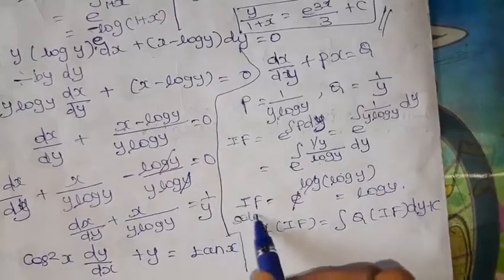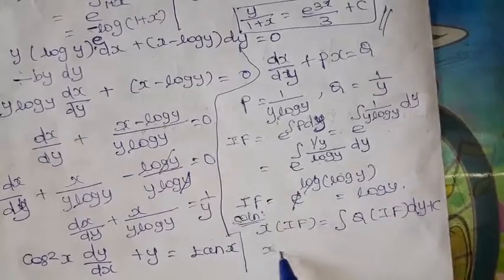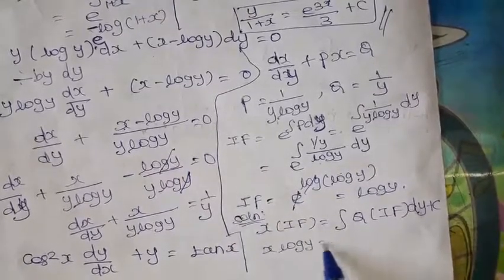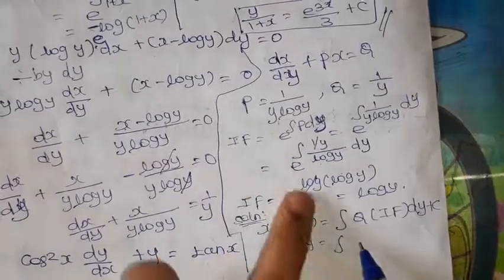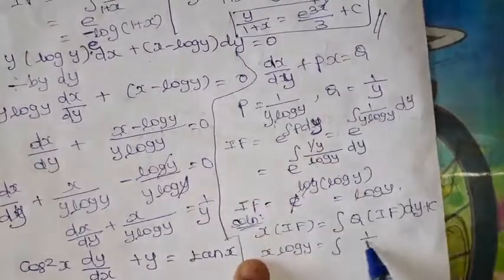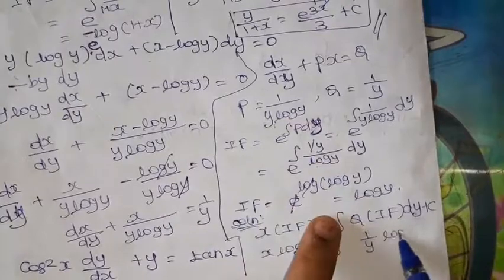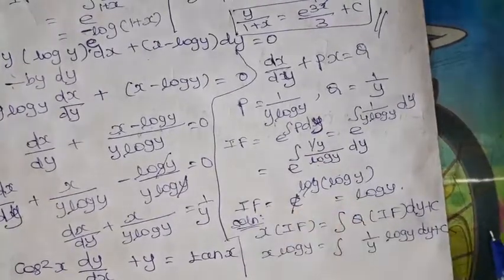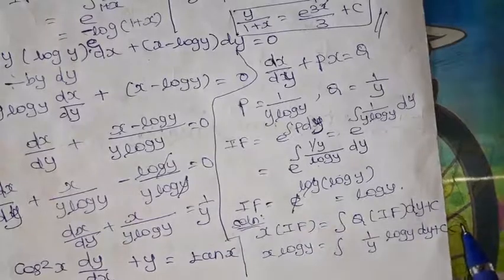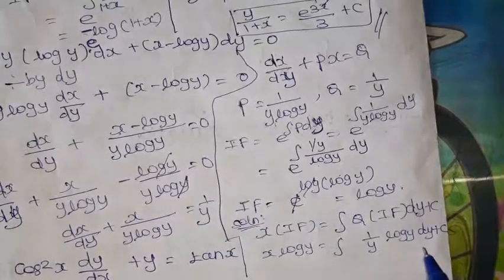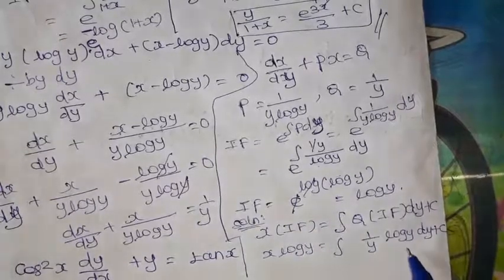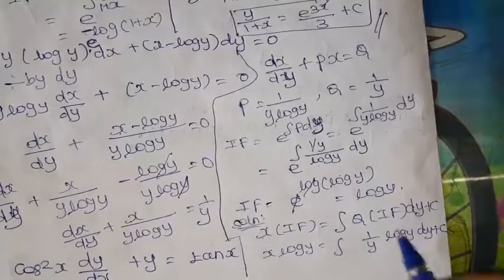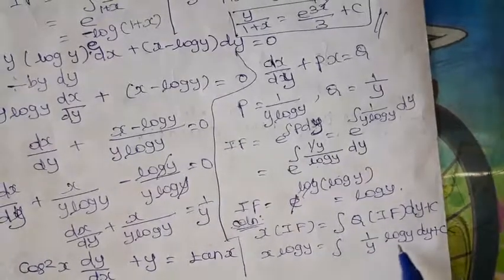So this is the solution of this problem. x into, what is the integrating factor? x into log y equals integral of, what is Q here? Q is 1 by y, so 1 by y into log y dy, plus c. So what we need to do is one substitution.